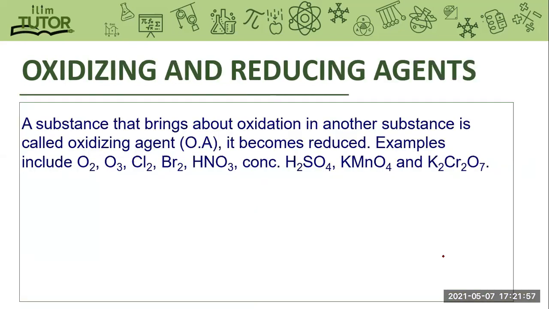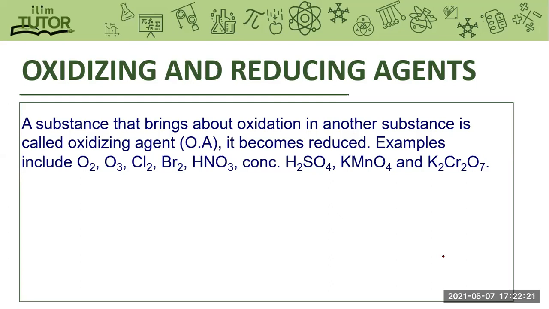Now let's look at oxidizing and reducing agent. A substance that brings about oxidation in another substance is called oxidizing agent. But at the end of the reaction, this oxidizing agent must become reduced.